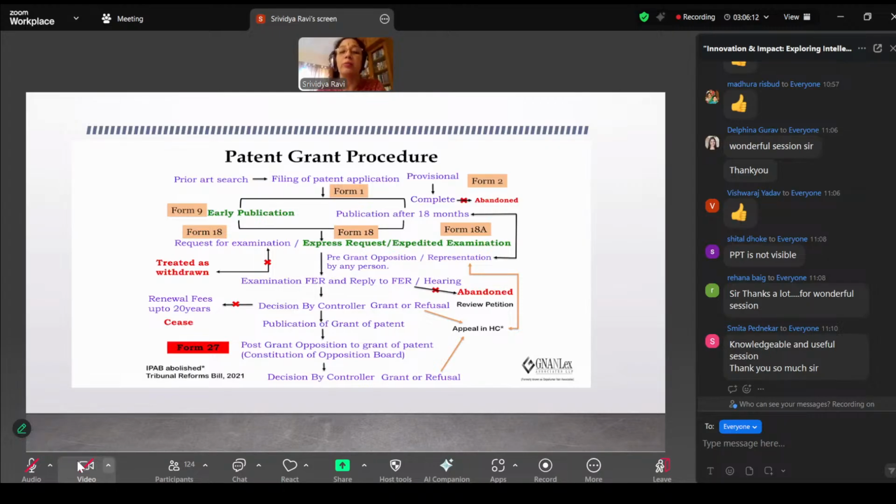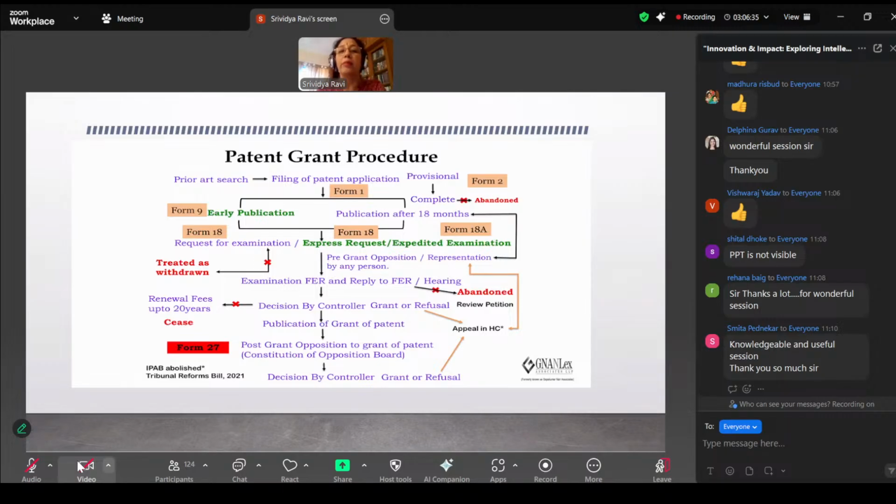It could be a blog written by somebody. It could be an abstract submitted for a conference. It could be any of these which is available publicly, that is, you, me, all of us can access it, maybe through a library, maybe through some online resources. Any such document is called a prior art.